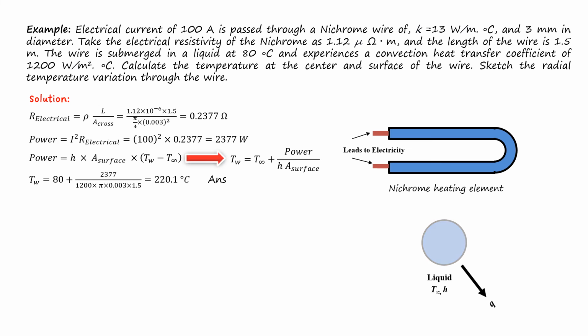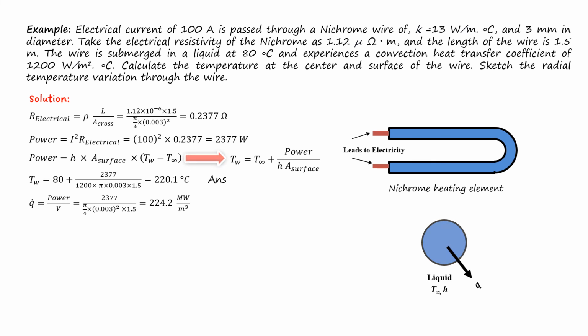Of course, if we substitute the values of T infinity equal to 80, power equal to 2377, and h, the heat transfer coefficient, 1200 watt per meter square degree Celsius, and the surface area of the heating element, that will end with T sub w equal to 220.1 degrees Celsius, which represents the first answer for this example.